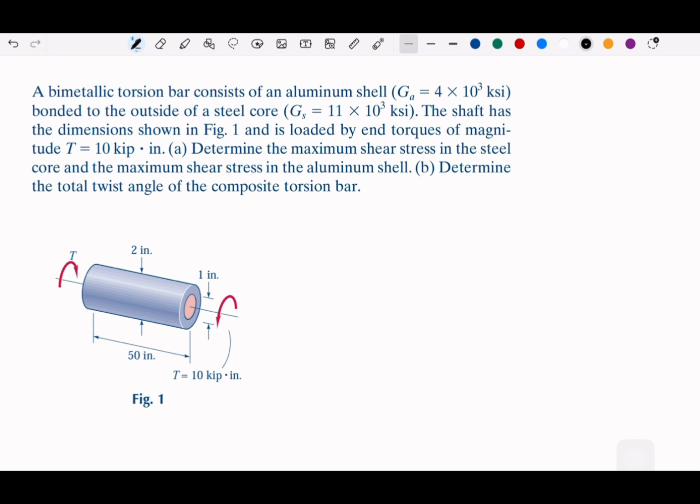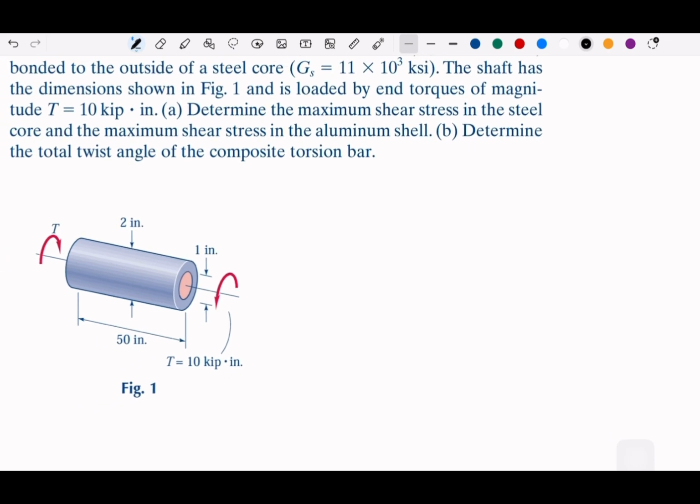So first, we need to determine the maximum shear stress for steel and for aluminum. So imagine that the shear max is on the outside, right? So both of them have a different description.